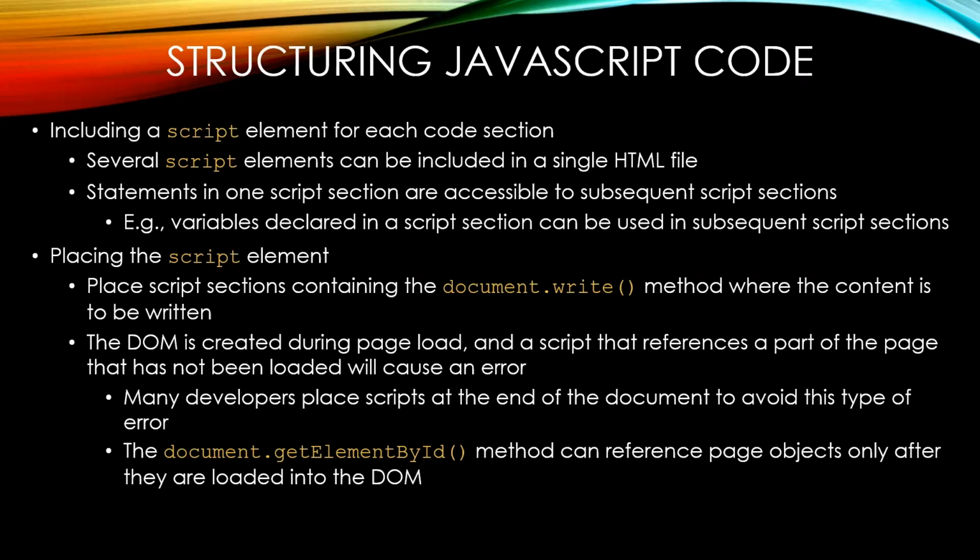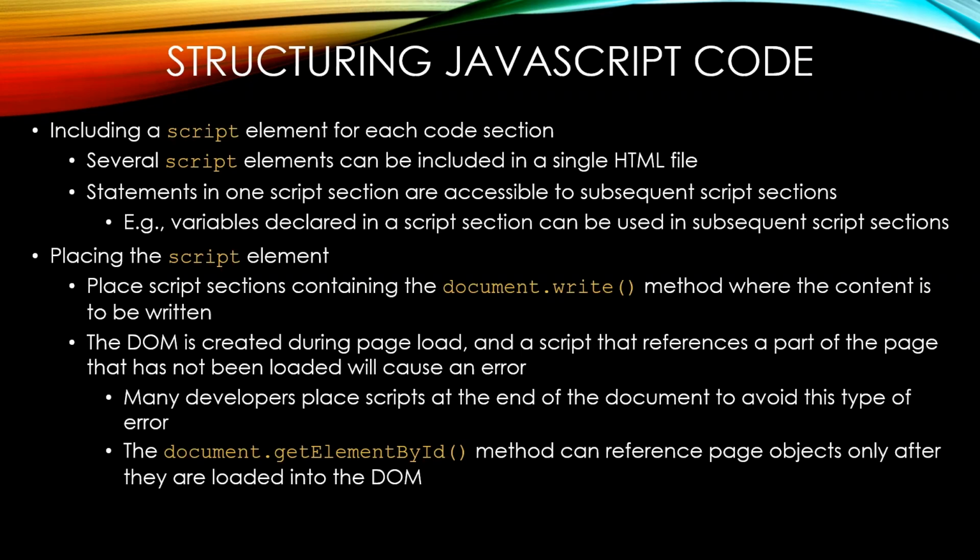One of those rules that we talked about scripting is where we want to place the script element. So if you're going to do a document.write, we want to put that where the content is going to be written. It just makes it easier to follow. Now, the document object is created when we load a page. That's why when we make any changes, we do have to do a reload.